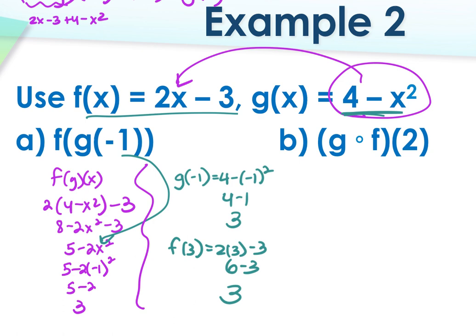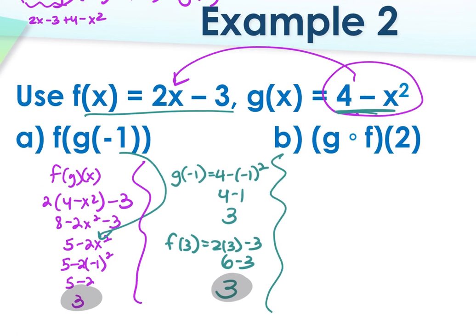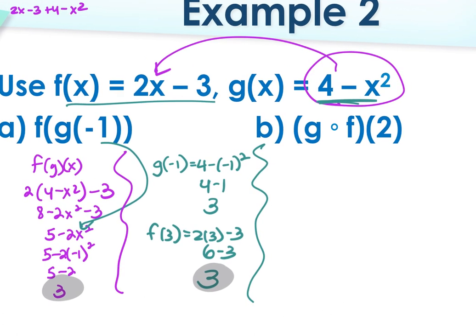It is totally a coincidence that these are the same, like what you get for g of -1 is the same as f of 3. That's totally a coincidence. No matter which method you do, these should always be the same. Yeah, God bless you. Do the minuses not cancel out for the 4 minus? No, because you've got to square it first. Yeah, exponent before subtraction.